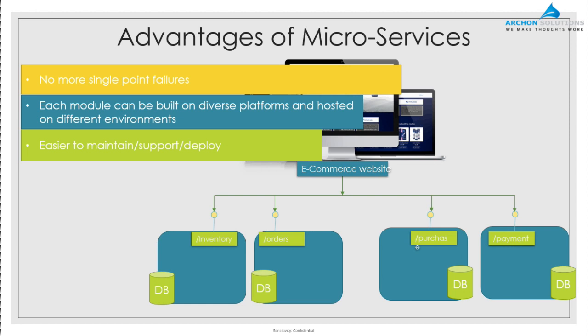So when this purchase module was down and some setting changes were happening, the inventory module, orders module, and the payment module were still up and running. And usually after any deployment, we need to do a round of sanity check to make sure that the applications are still running fine. In this case, the effort required to do the sanity check is just minute because we just need to focus on the purchase module as that's the place where we disturb.